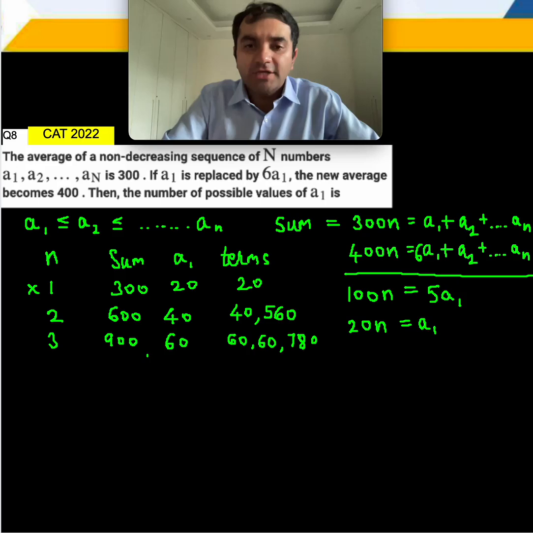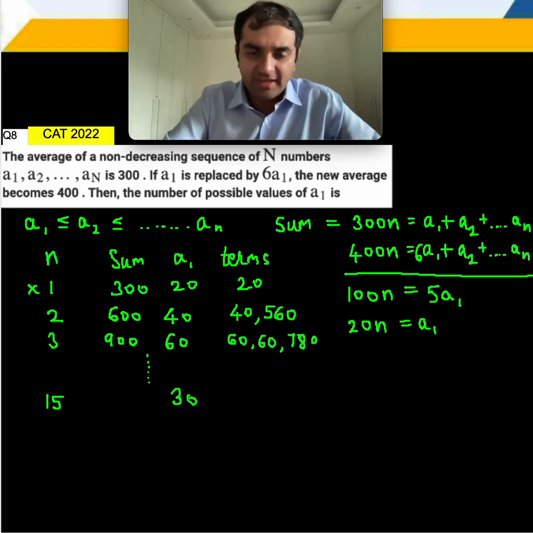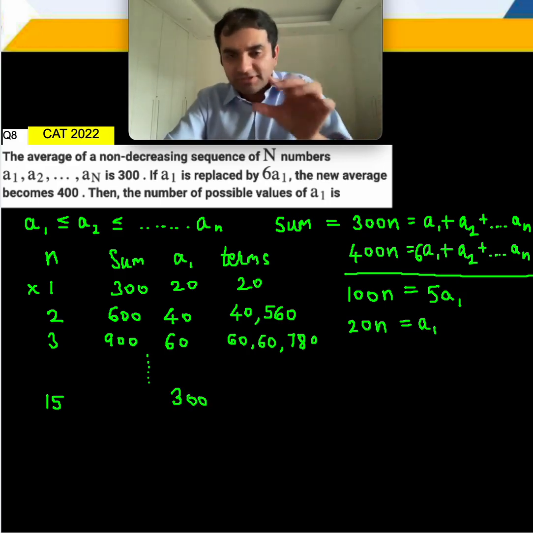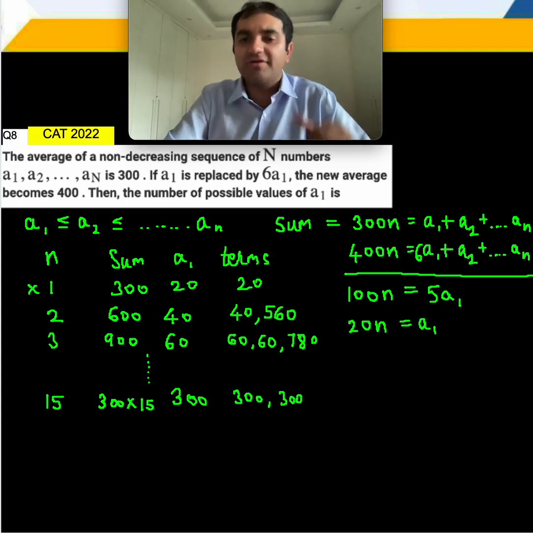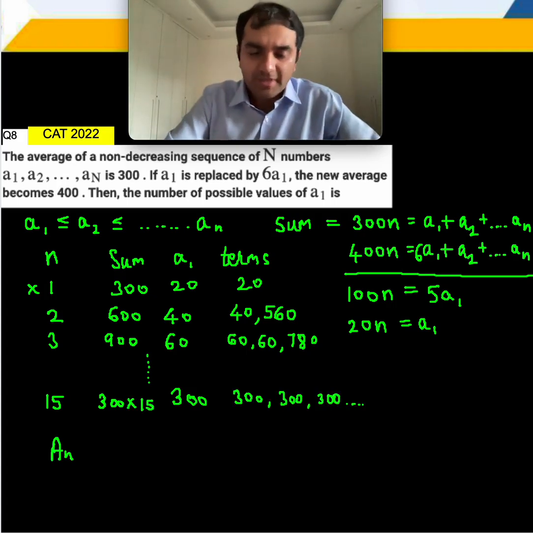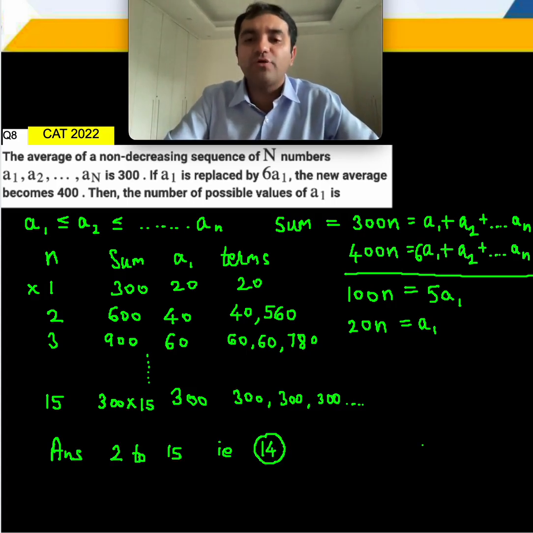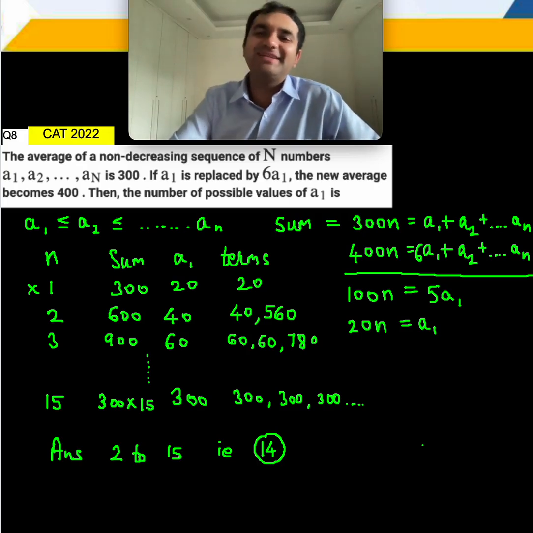So if I have to make 300, 300 is equal to 20n, that means n will be 15. It will be 15 terms, so the terms will be 300, 300, 300 and so on. Therefore the number of terms can be from 2 to 15, that is 14 terms. 14 is the right answer for question 8, and this was definitely a challenging question.